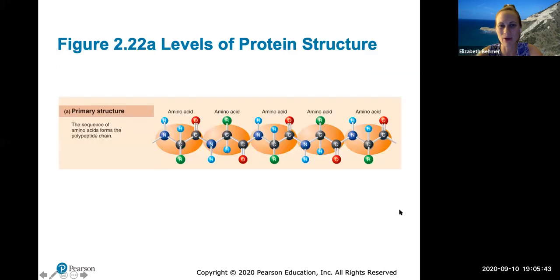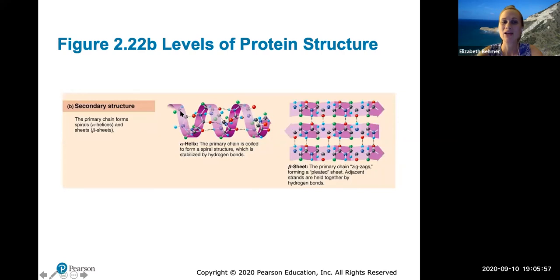What am I talking about here? So this is a primary level structure of amino acids. This is just the primary structure of proteins, amino acids in a straight line. This line of amino acids will go on to form a secondary structure where that line of amino acids will interact with each other in an alpha helix like DNA, or in a beta sheet where they'll kind of be like accordion together.